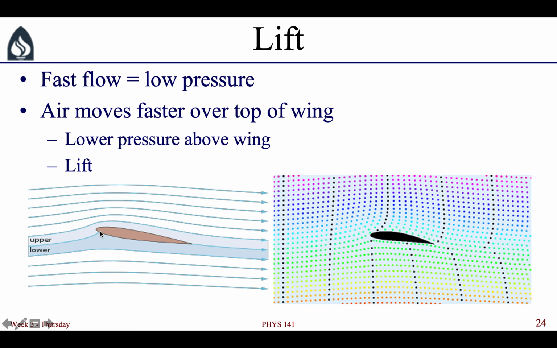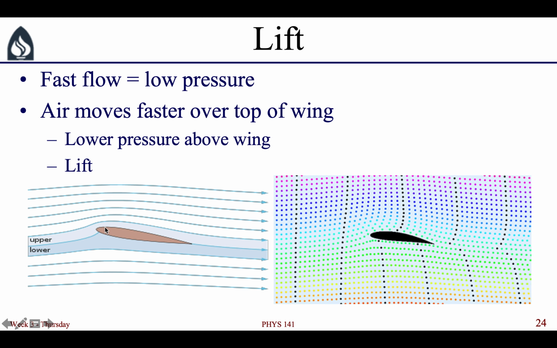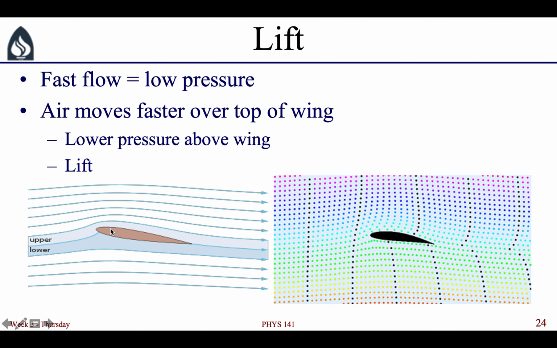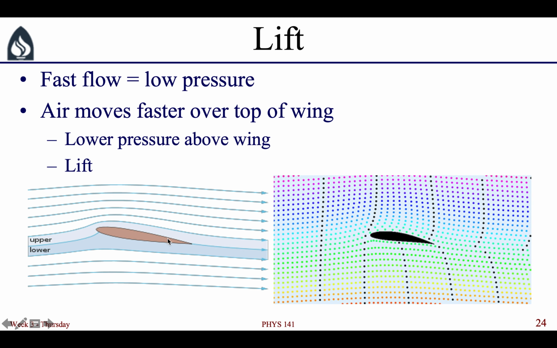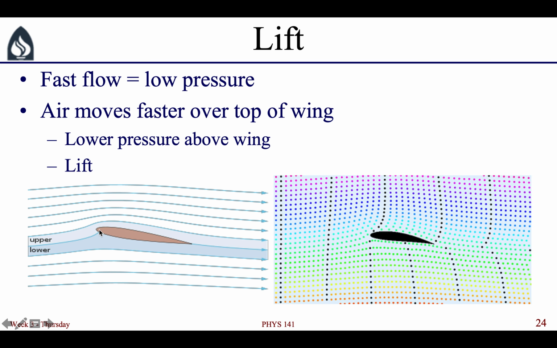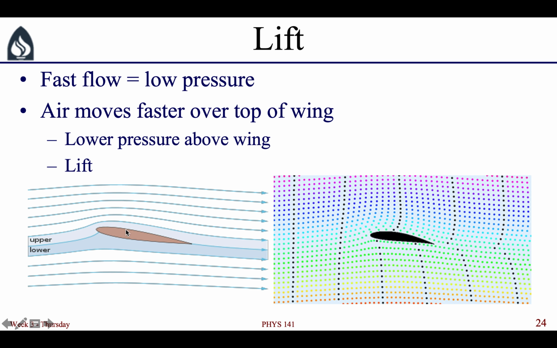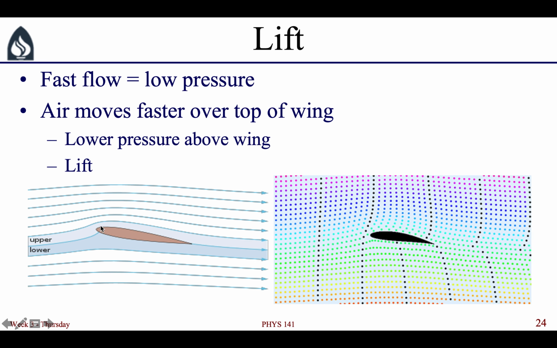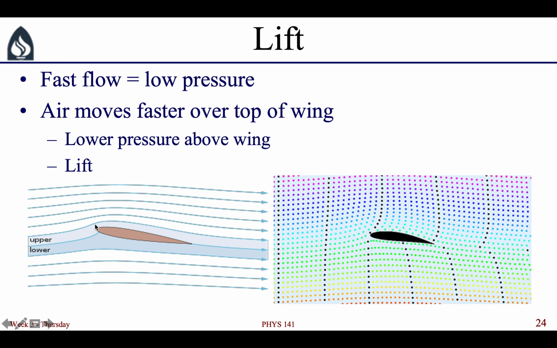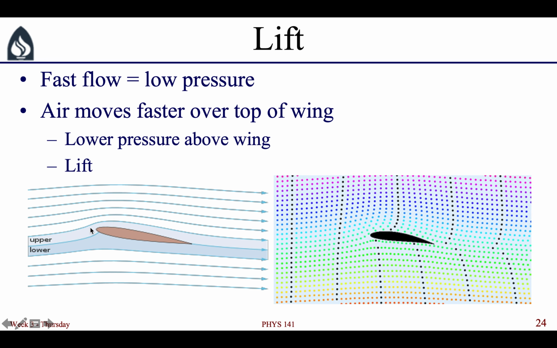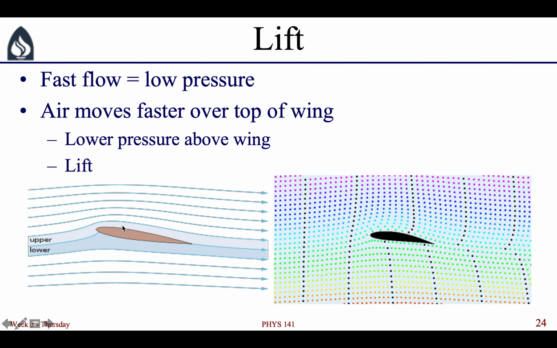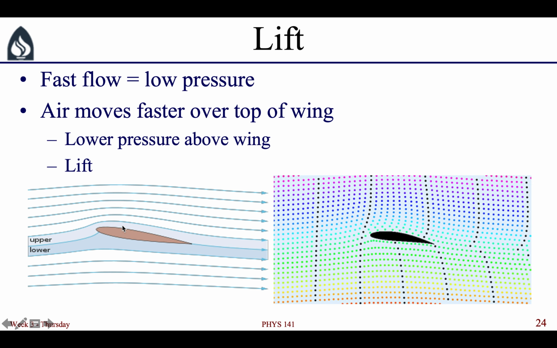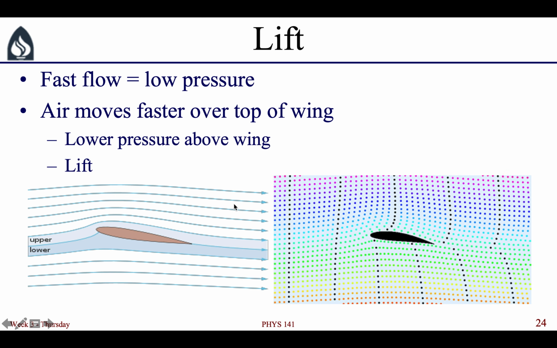And since, as you can see, due to the shape of the wing and due to what's called the angle of attack, the fact that this wing is kind of lifted upward, the air that flows over the wing is compressed into a smaller area. A small area means fast fluid flow, and so the air moving over the wing moves faster than the air moving under the wing. And you can kind of see that happen in this animation over here.